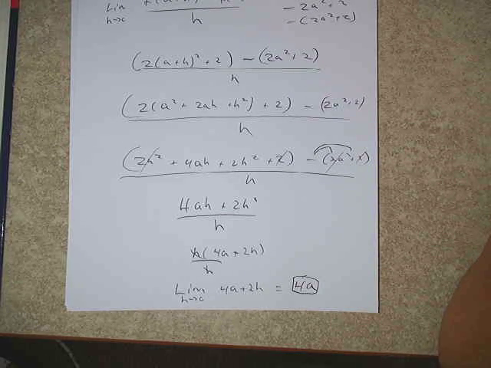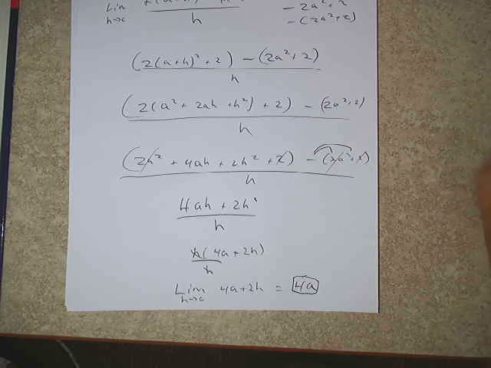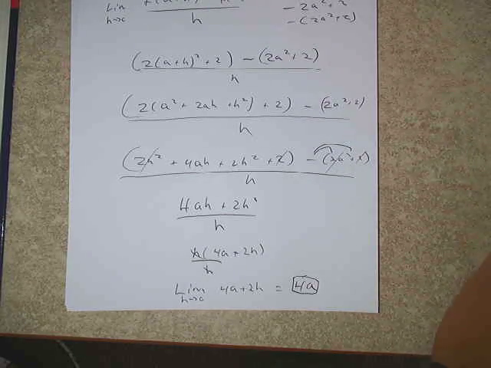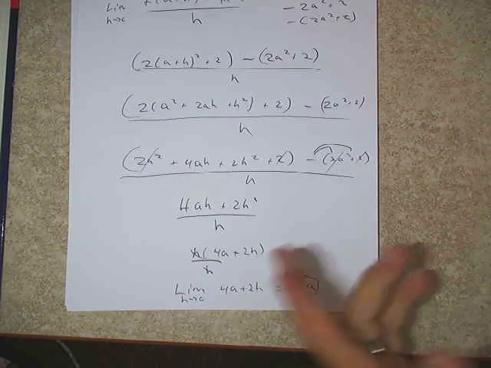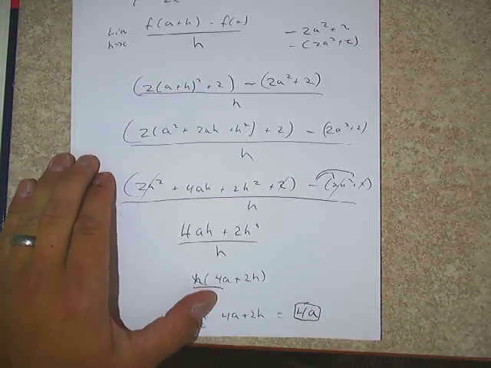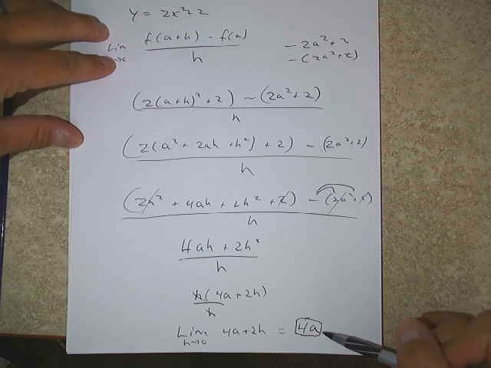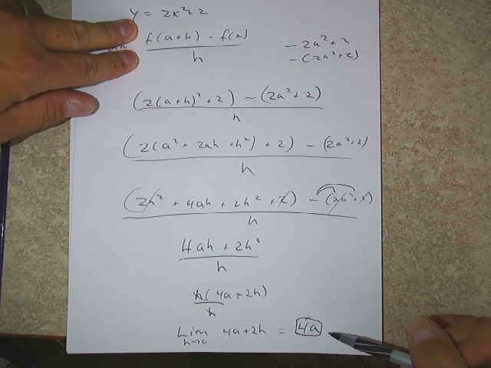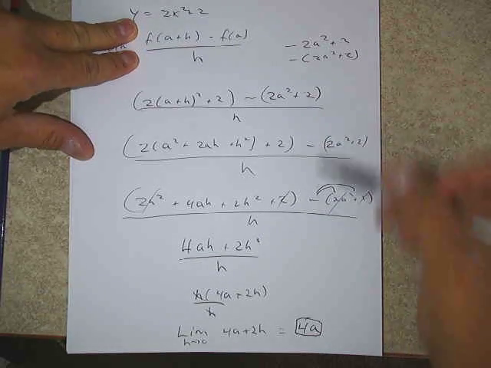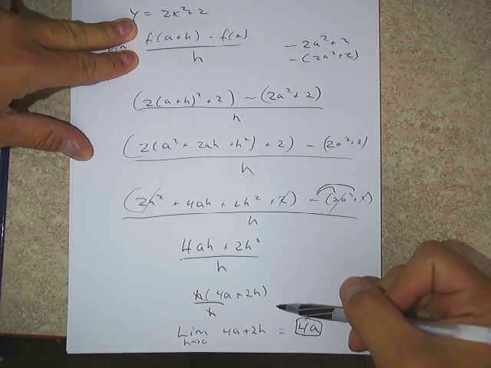Here's some good news: we can use this method to find that slope formula, if you will. We're going to give it a special name next week. But this slope formula that we just found, we can use that method for any function, which is nice. Now, whether we can set it up and actually do the algebra for any function is another story.